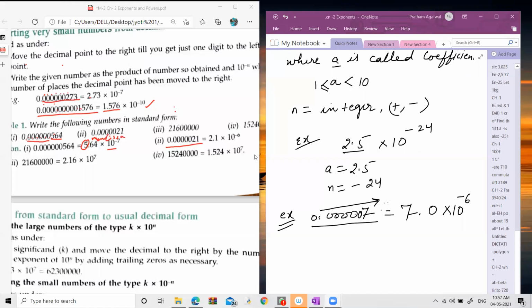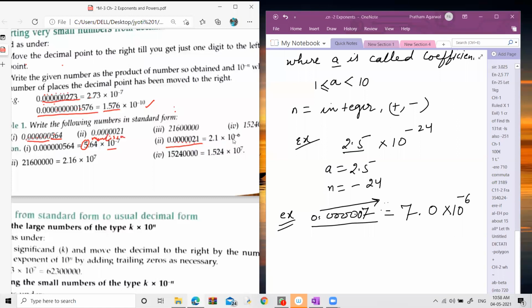Now let's come to this one. Now we have to shift the decimal from left to right just after the 2. So how many steps do you have to move the decimal? Just count these numbers: 1, 2, 3, 4, 5, 6. So you have moved 6 steps. That's why you have to put power 10, and now you have to put a minus sign.